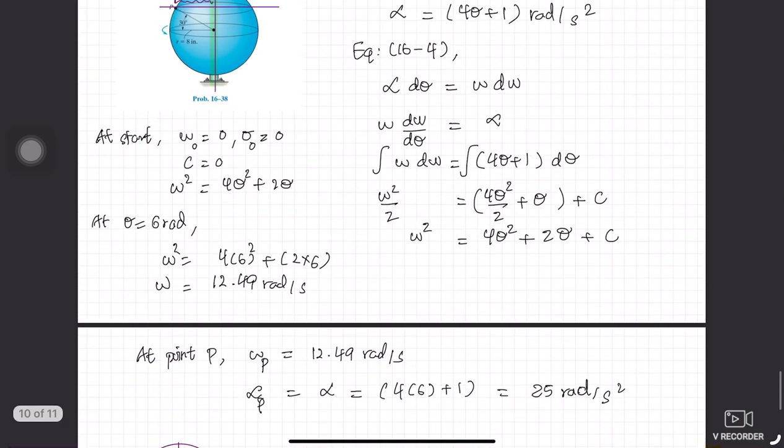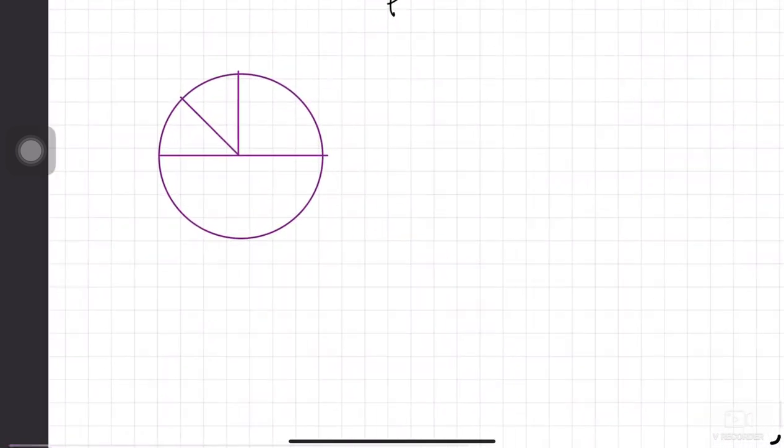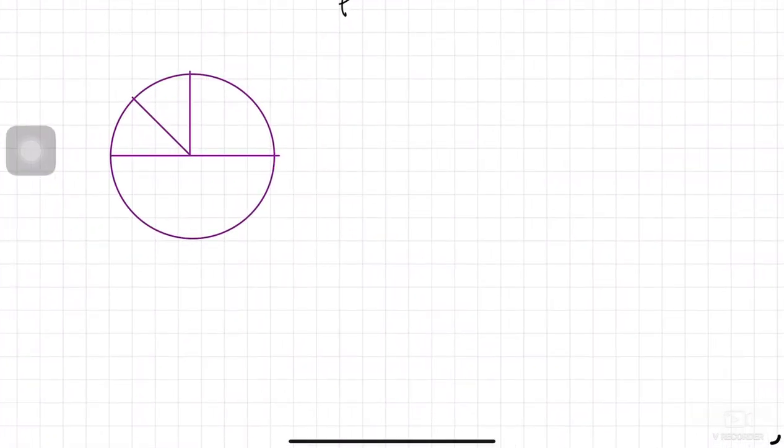The angle is 30 degrees and the radius is 8 inches. What we need to know is this distance.